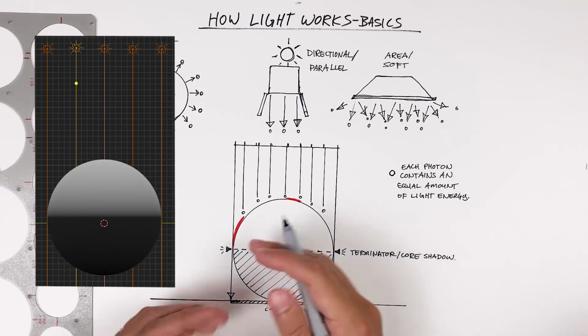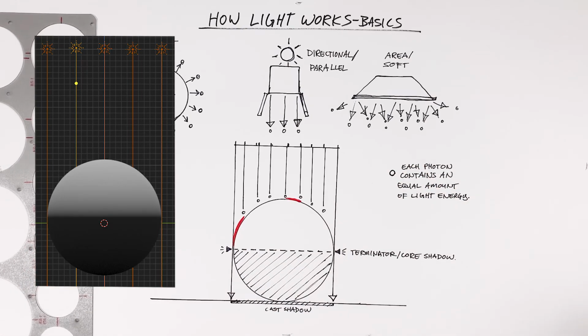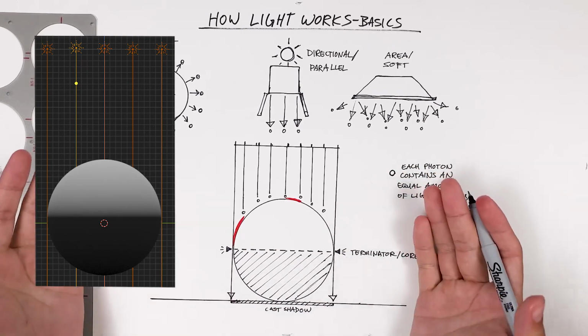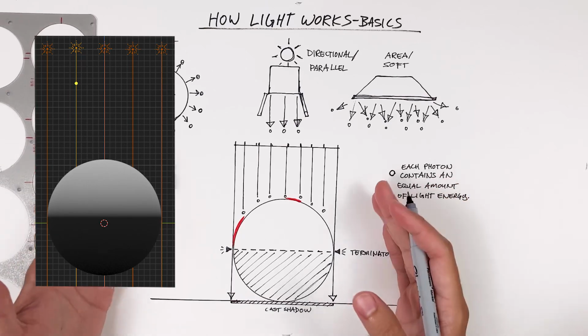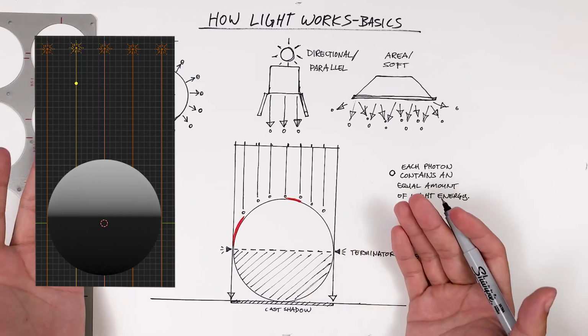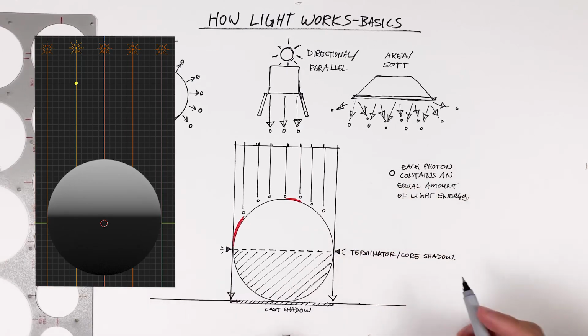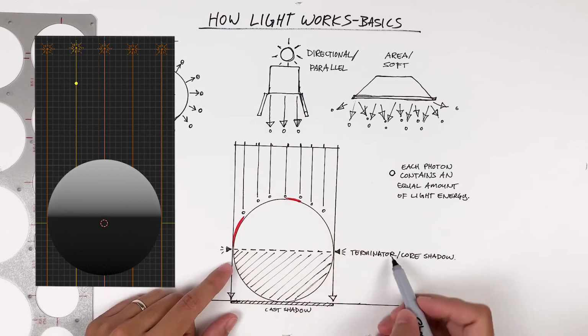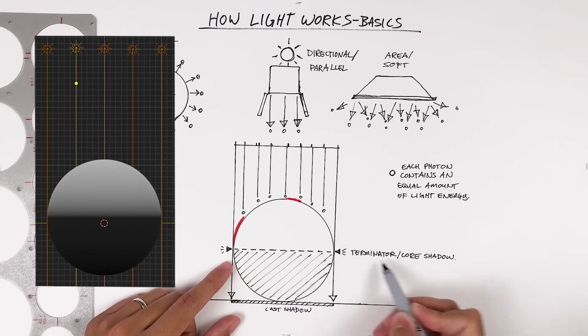They have to illuminate a larger surface area with the same amount of light energy. And that is why things shade in the light. That is why there is shading on the light side of a form. That is why things get darker as they approach the terminator, the core shadow.